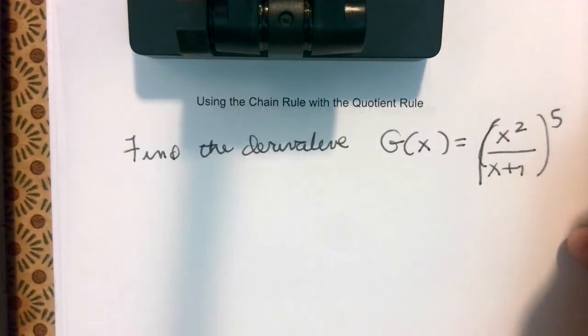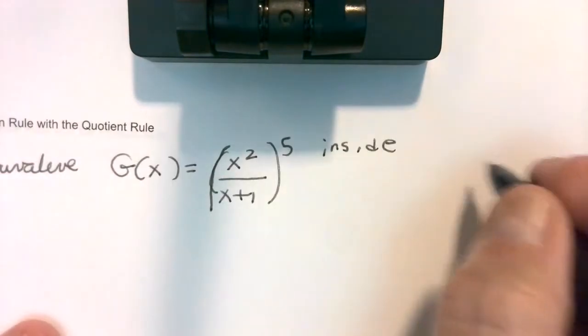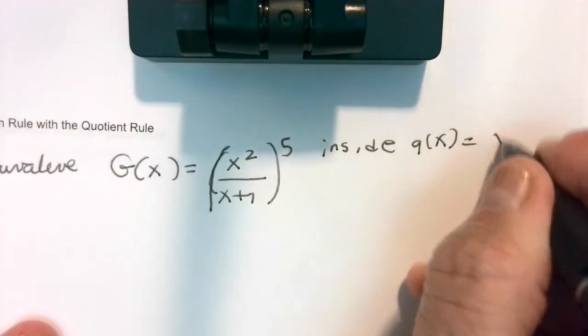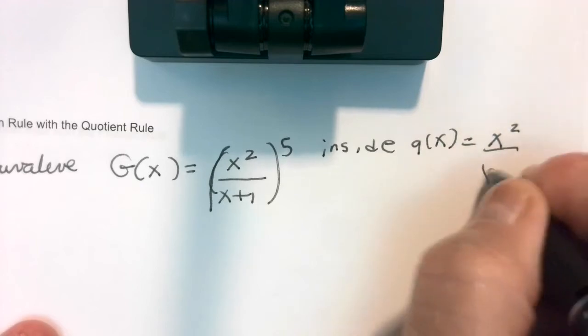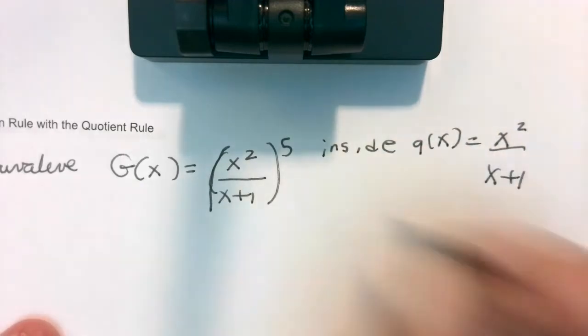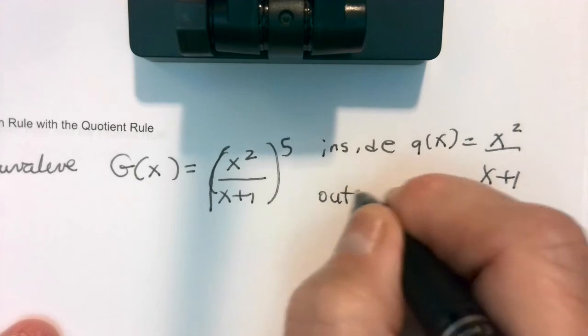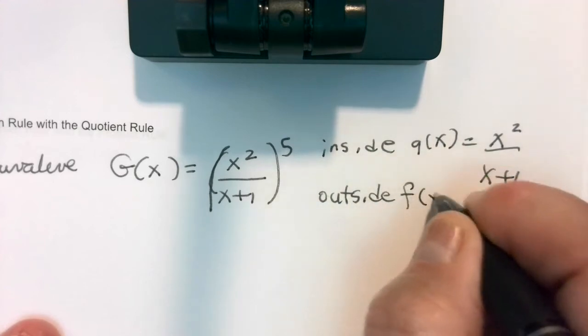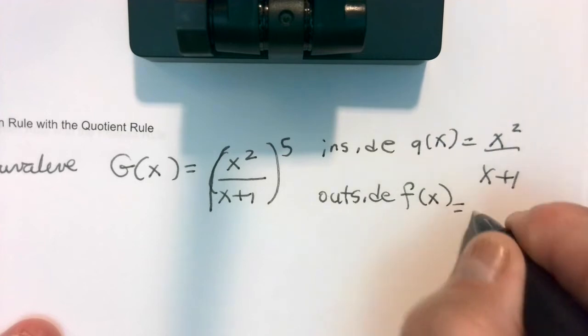So you can see that the inside is the g of x, which is the x squared over x plus 1. And the outside, the little f of x, is just x to the 5th.